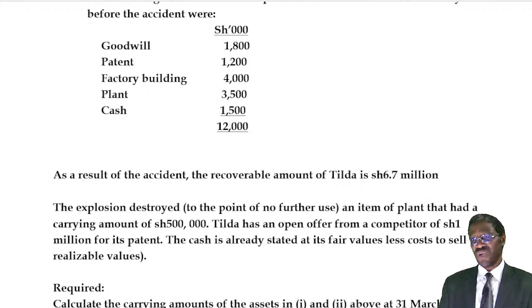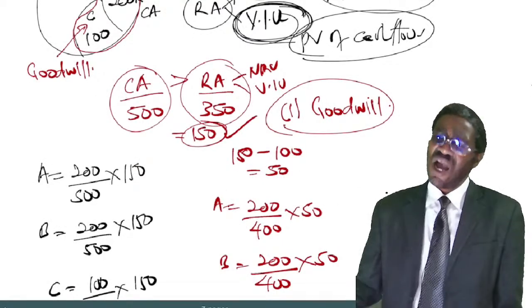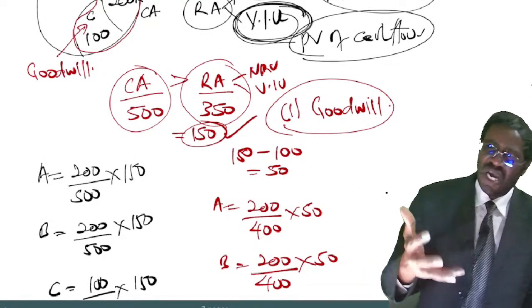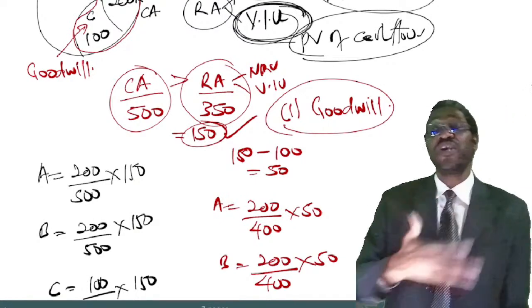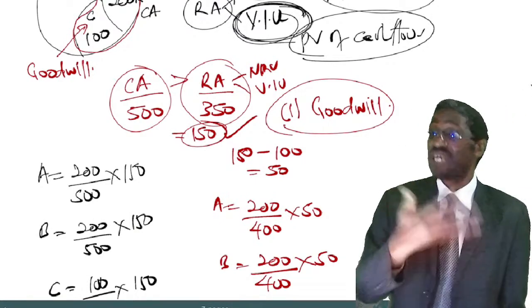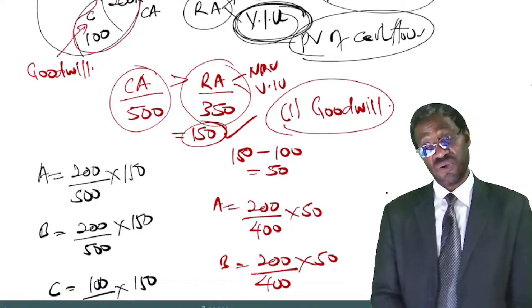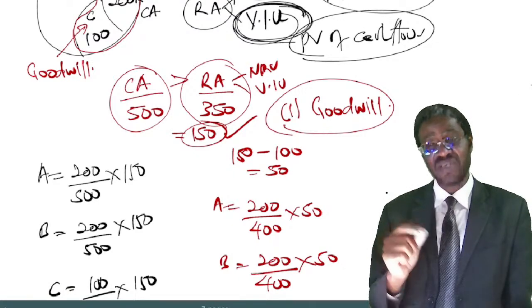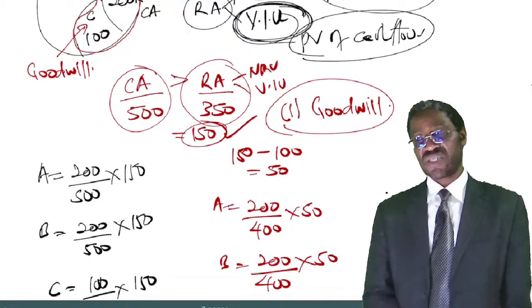Meaning, we can sell that patent for at least 1 million. How does it affect our computation of the impairment loss and how we shall allocate that impairment loss? That's another factor that I'll talk about next time.